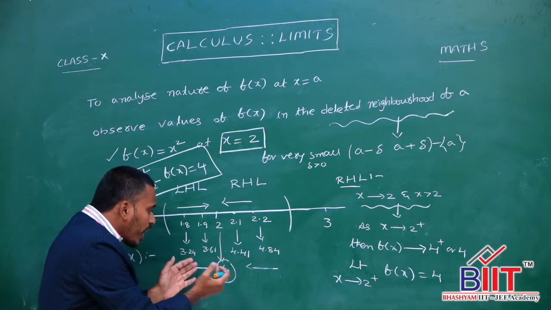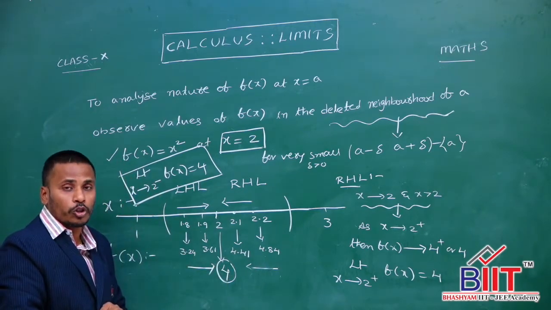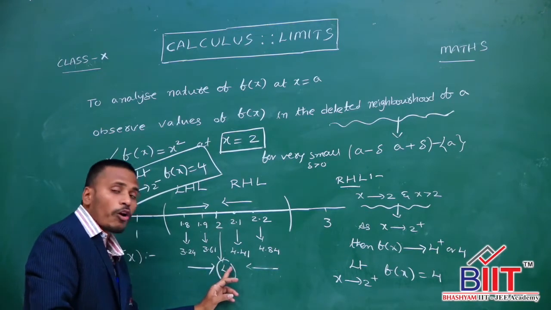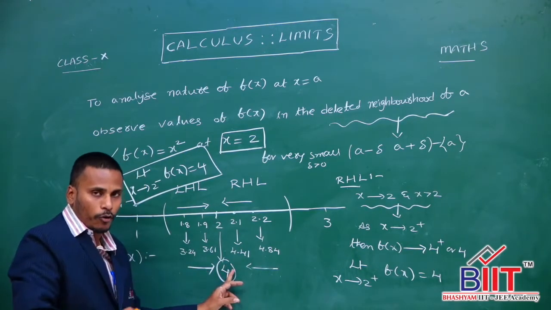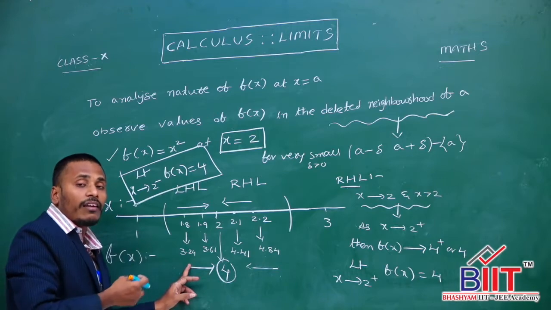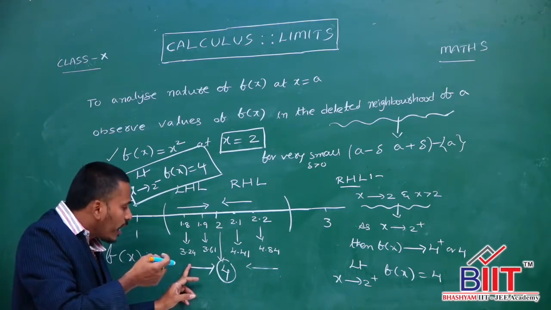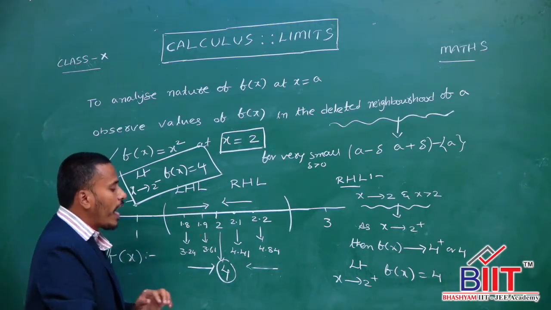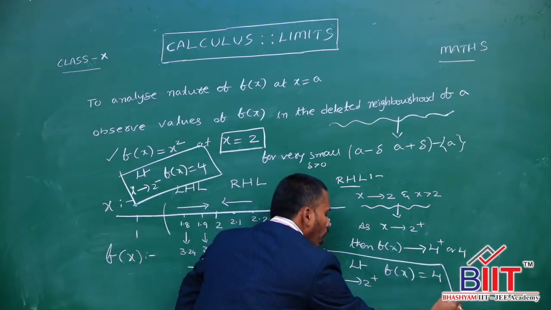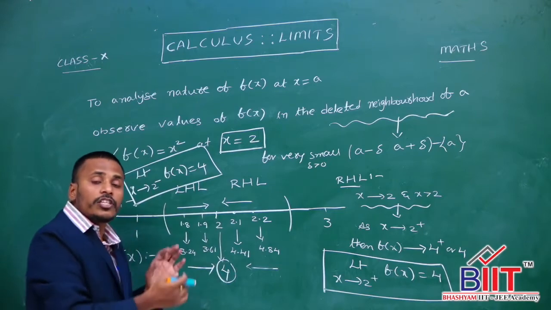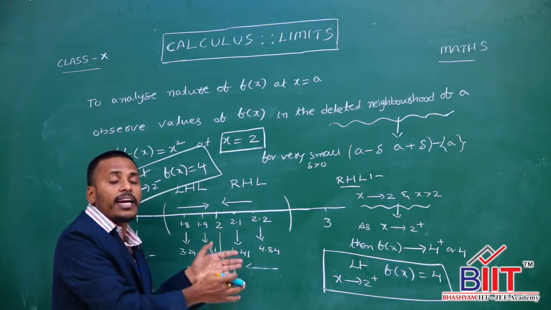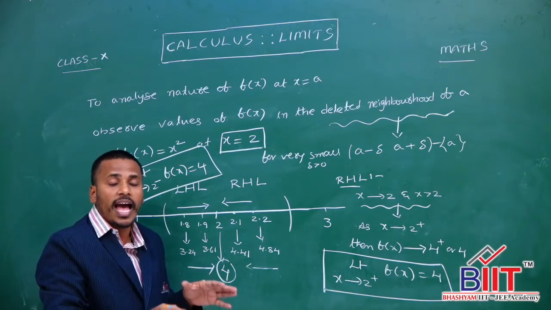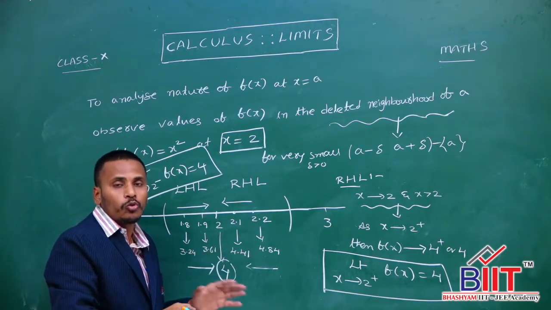Here from both the directions the functional values are approaching 4, but for right hand limit the values of f of x are a bit greater than 4, and for left hand limit the values of f of x are less than 4. So, here left hand limit is 4 as well, right hand limit is also 4. Since these two, left hand limit and right hand limit, are equal, then in this case we confirm that the function has a limit at the point 2.